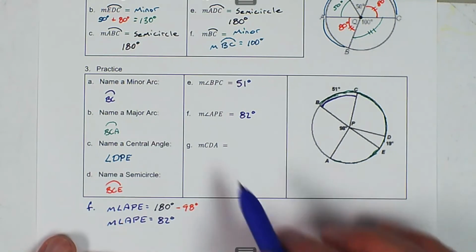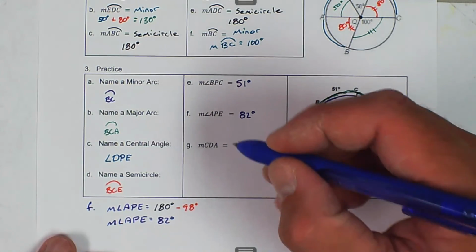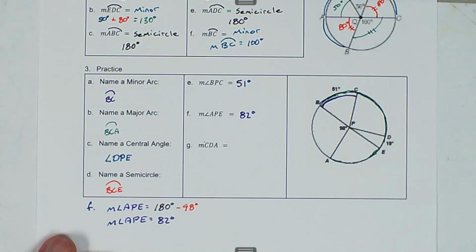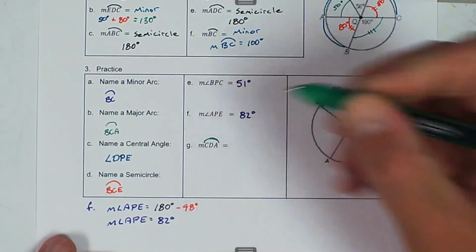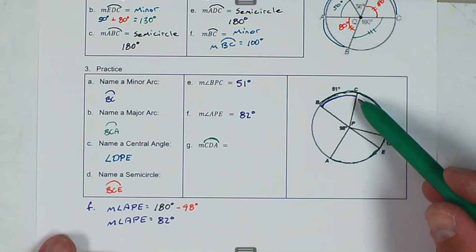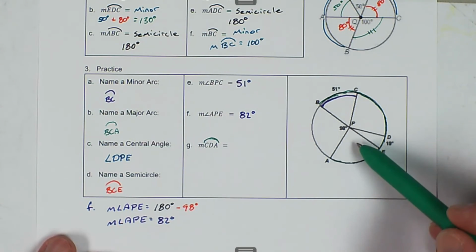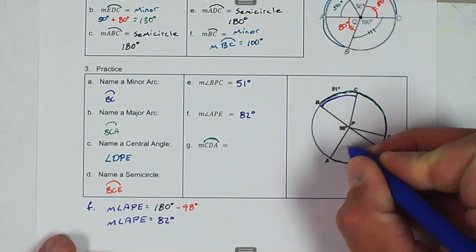Then we have the measure of arc CDA. I think I was saying, yep, the measure of arc CDA. Can add our arc on there. CDA. So we just calculated that this was 82 degrees.